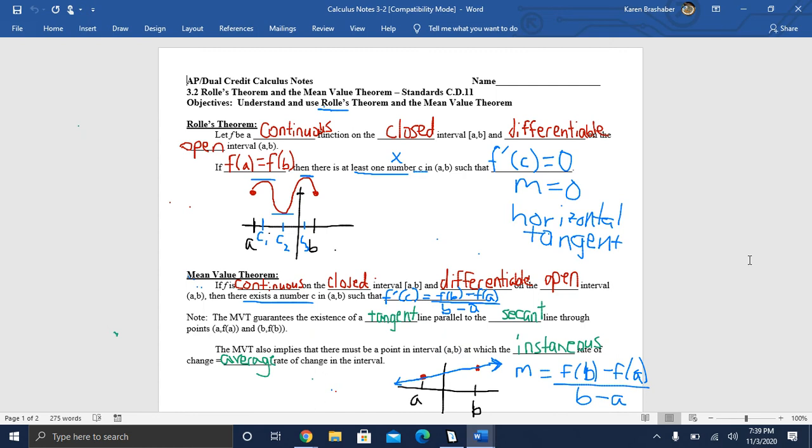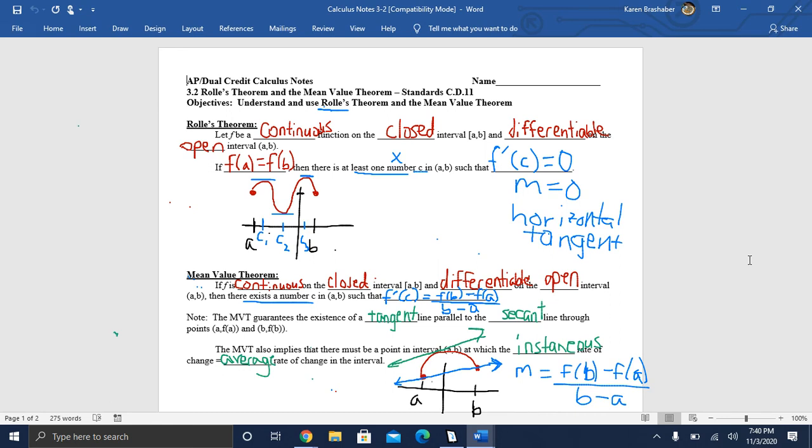Oh, I just got rid of my graph, but I'm not going to start over. I think I can redraw something here. So one more time, I'm going to try to draw a tangent line to that red curve that is parallel to my secant line. And that's pretty parallel for the purposes of this little demonstration.